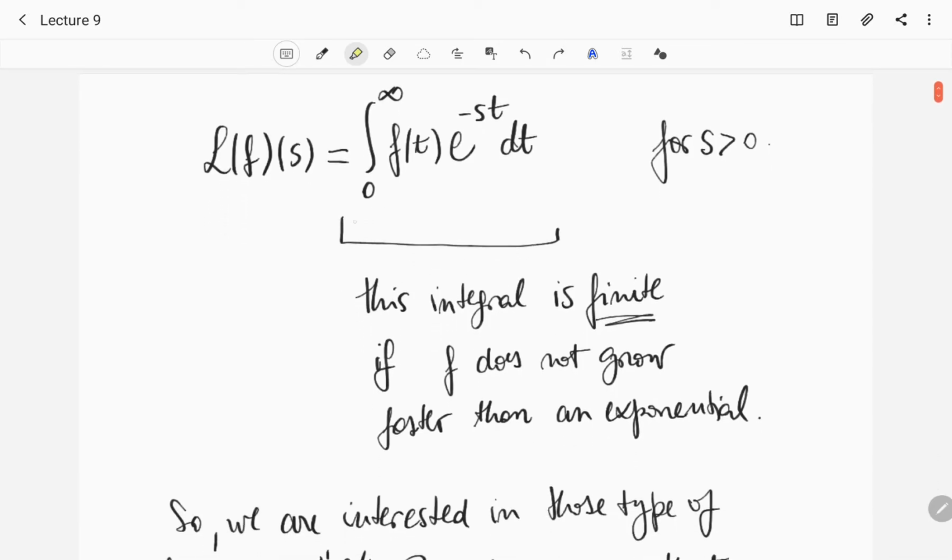Okay, some comments about this integral. This integral will be finite if this function f is slower than an exponential function, which means that this integral is finite if f does not grow faster than an exponential function.